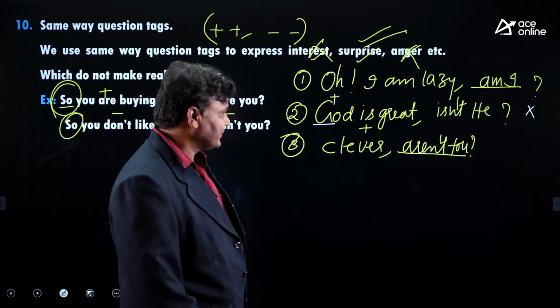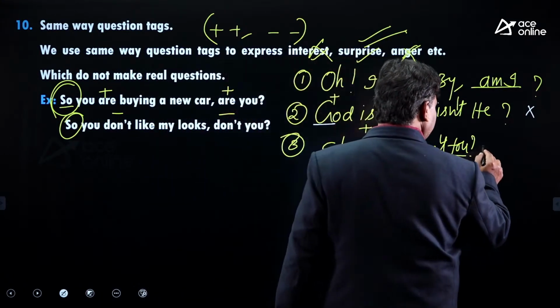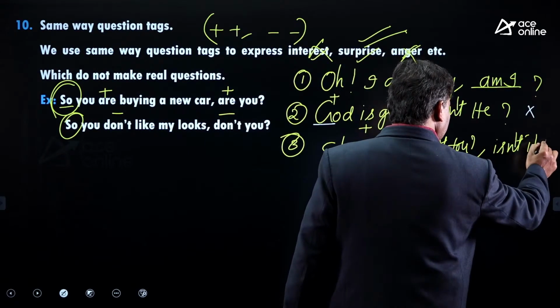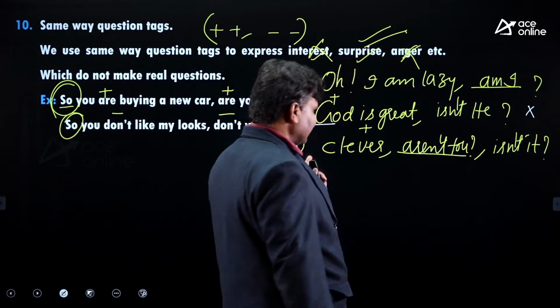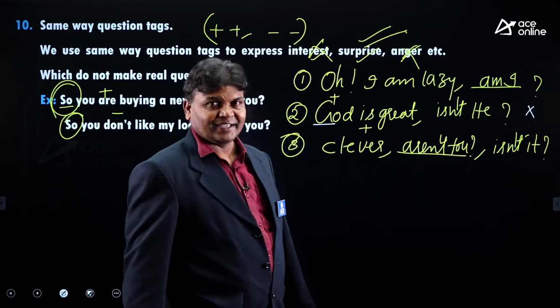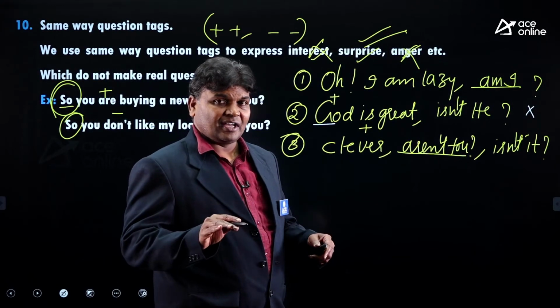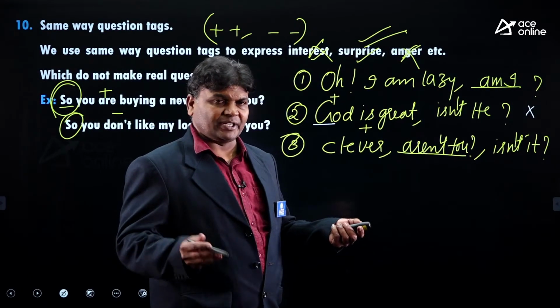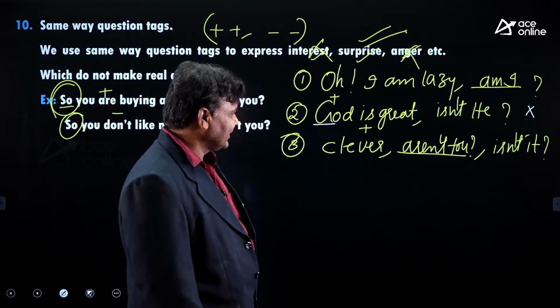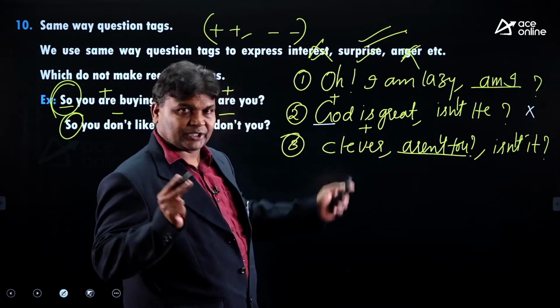Unto you, it's right. Isn't it? This also will be right. It is clever, isn't it? Suppose they have given haven't it, which means like you have clever. What is you have clever, man? No. So sometimes it depends on the option, students.